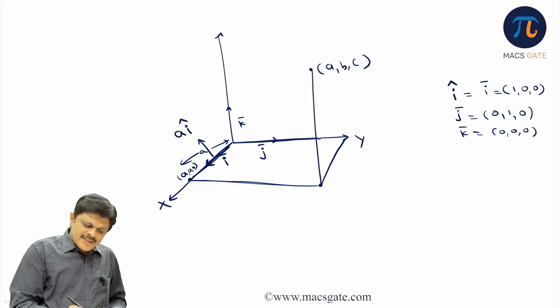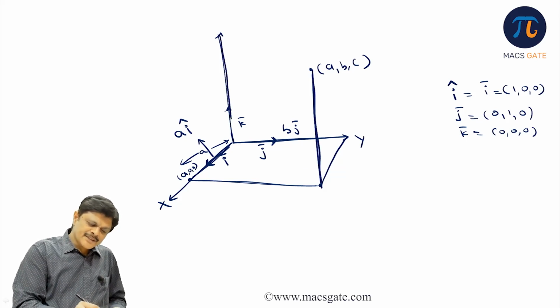Similarly, j bar is a unit vector, so this length is b, and this can be written as b times j bar. And what about this one? k bar is the unit length, and from here to here it is c times k bar, because this line is parallel to the z-axis. So we represent this vector as c k bar.